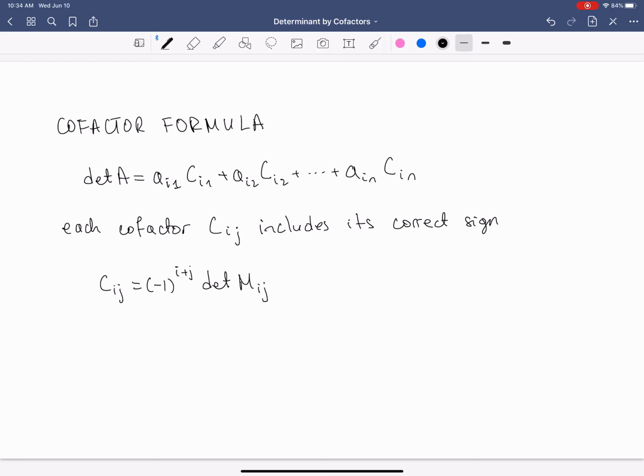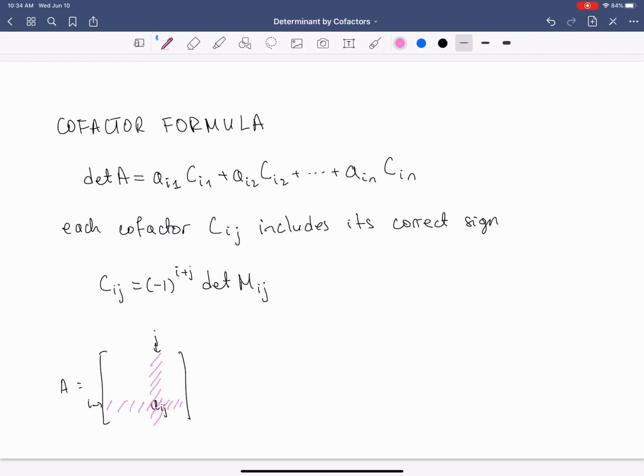How do you get the minor M_ij? If you have the matrix A here, and you take, say, the ith row over here and the jth column over there, here you will have a_ij. You get the minor by removing the jth column and the ith row.